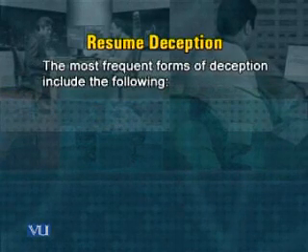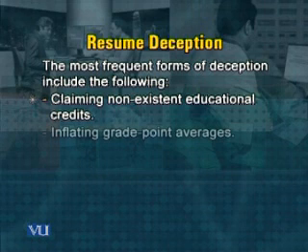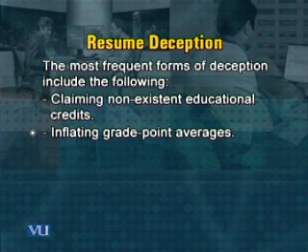The most frequent forms of deception include these things, such as claiming non-existent educational credits. I mean, you mention in your resume something of your education that you never had. Inflating grade point average. You think that the employer is not going to check it, so instead of telling your real GPA, you start telling some higher GPA.